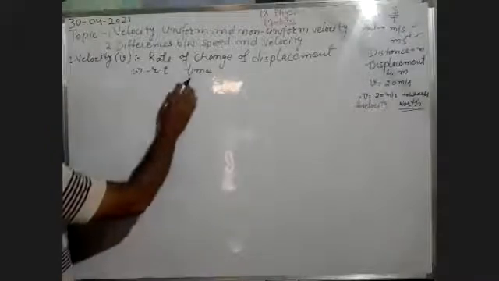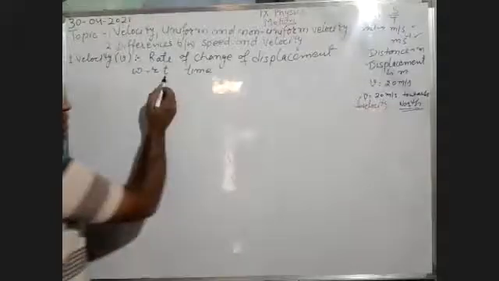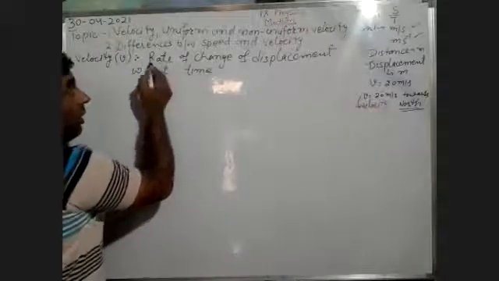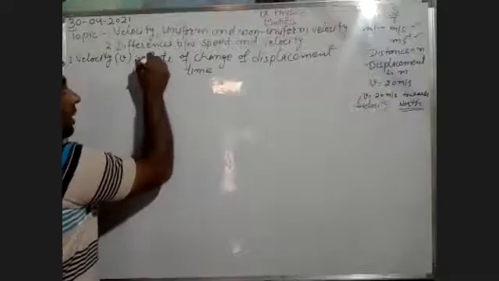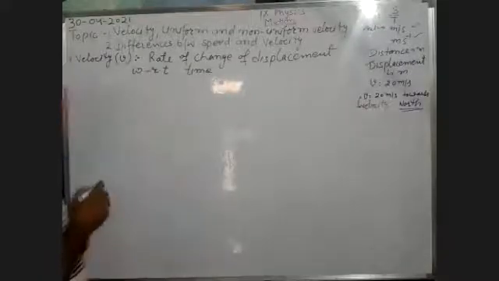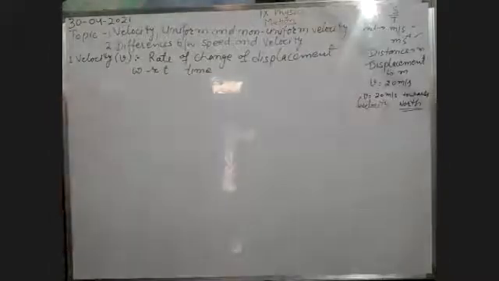In comparison with time, how much displacement is changing, that change is known as rate of change. Rate means in how much amount displacement is changing. And with respect to time, that change in displacement is known as velocity.